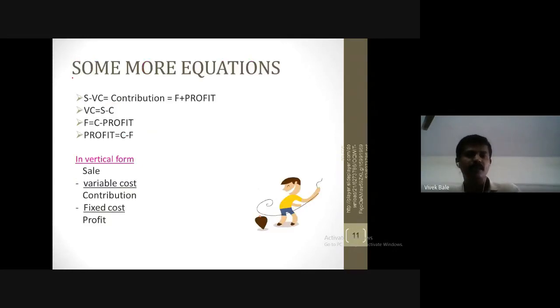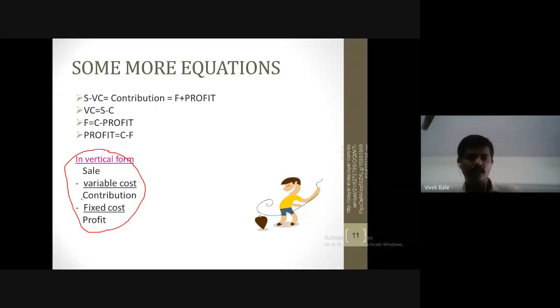Now here there are some more equations mentioned, and these equations are sales minus variable cost is equal to contribution, and fixed cost plus profit is equal to again contribution. Variable cost is equal to sales minus contribution. Now see, all these formulas are derived with the help of this vertical form, that is the statement of income of marginal costing.